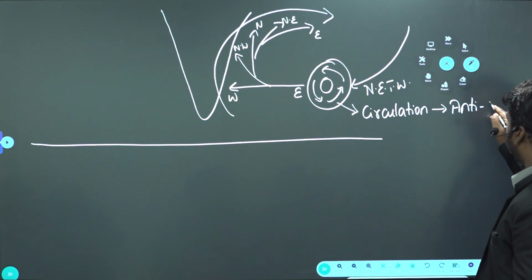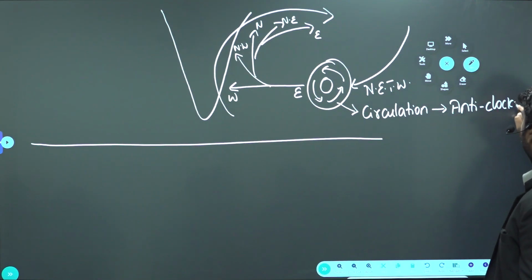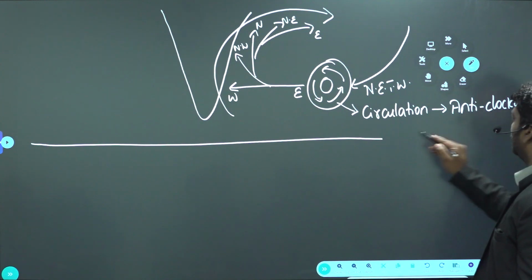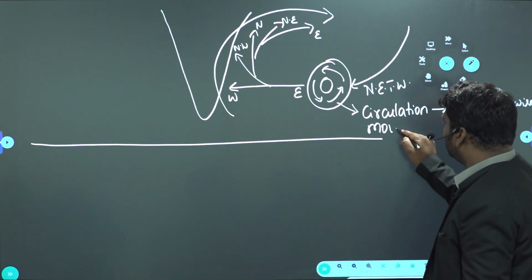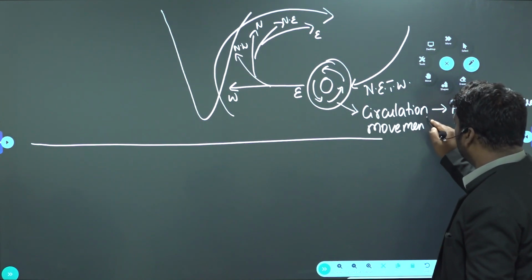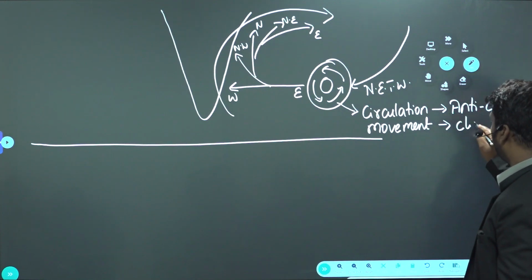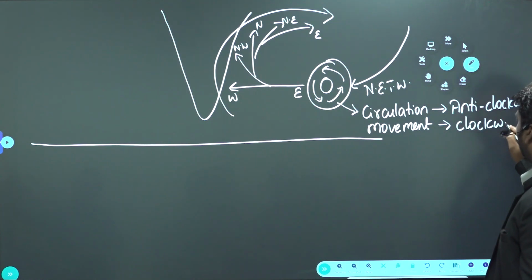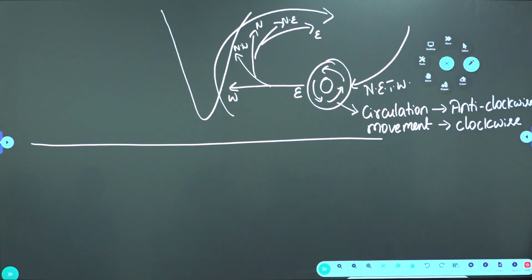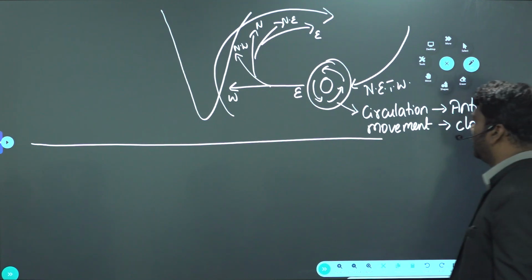Movement is what? Clockwise. Movement of a cyclone is always clockwise, that is in the northern hemisphere, whereas circulation is anti-clockwise.